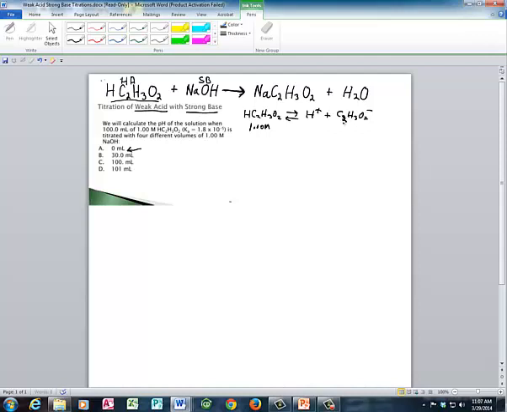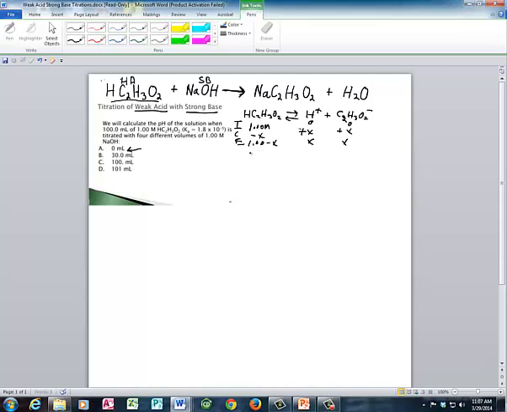Now, this is just a reminder of how to do these calculations, kind of a warm-up for what's going to go on later. So we have I, C, E, and this starts out at 0 for H plus, 0 for the acetate, the conjugate base of our weak acid, minus X, plus X, and plus X. Add the two lines up and we get 1.00 minus X, X, and X.